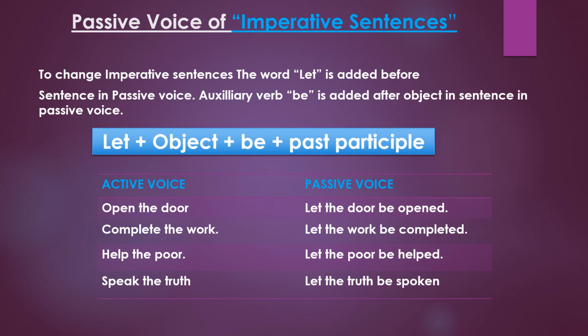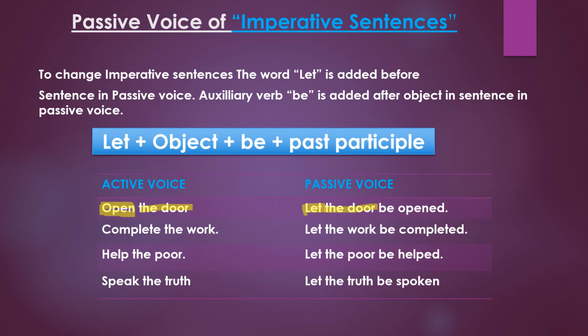Okay, let's check out an example. Open the door. Open is the verb and the door is the object here. To change it into passive voice, just verify it with the structure I have given you. At the beginning of the sentence, we use let.